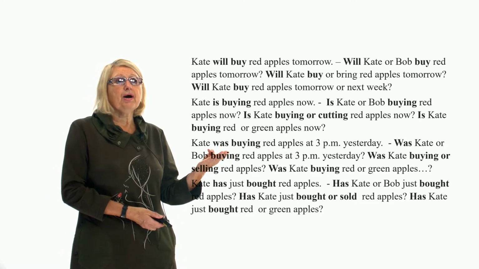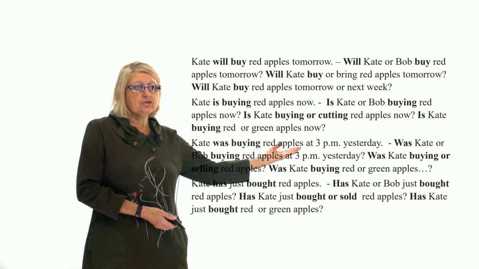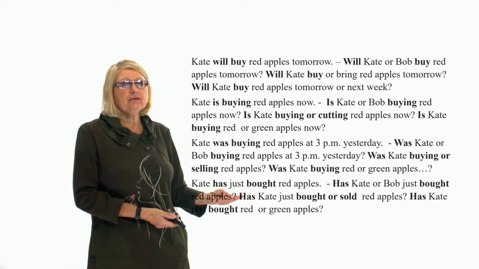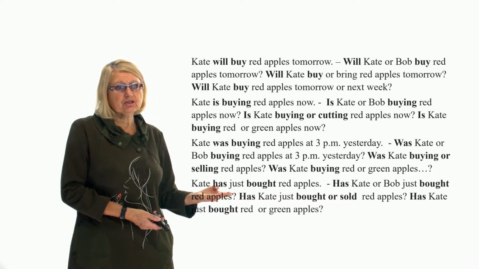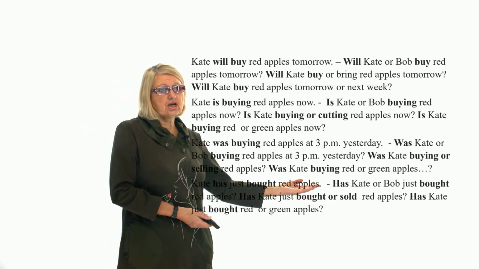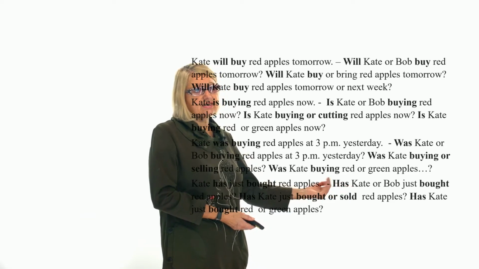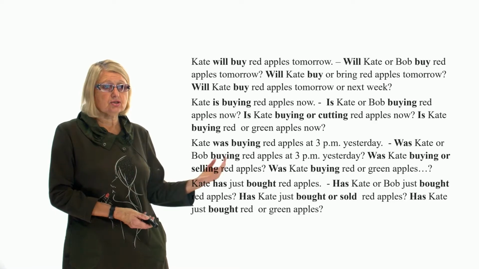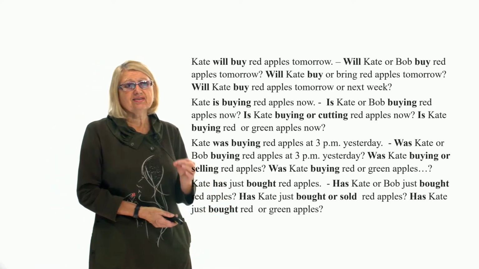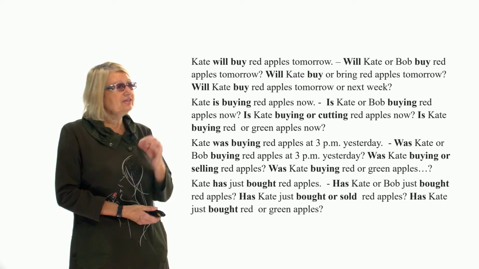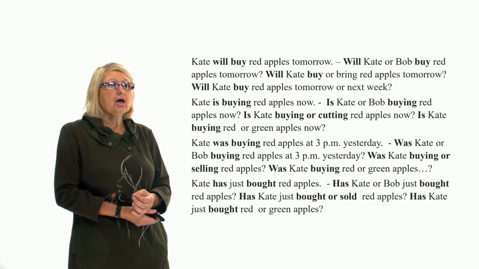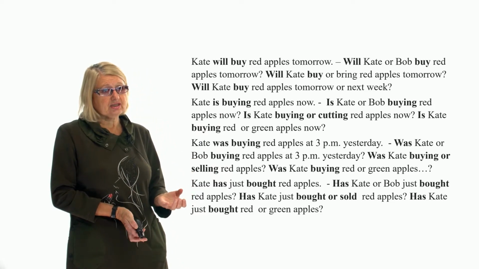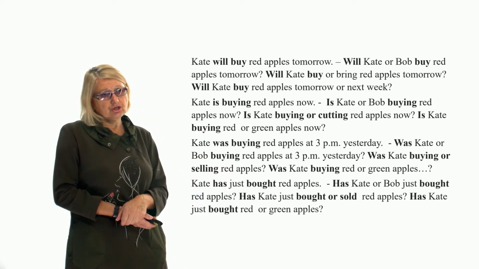Here we have past continuous. You see the variation of alternative question. And here we have present perfect, which starts with has. Has Kate or Bob bought red apples? And so on. So you see, the sentences are the same, but the form of verbs, and so the tense of verbs, is changing.